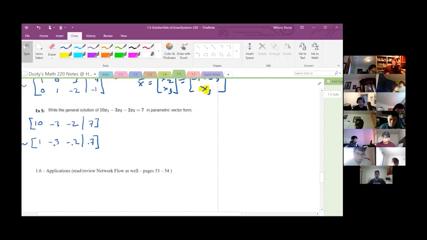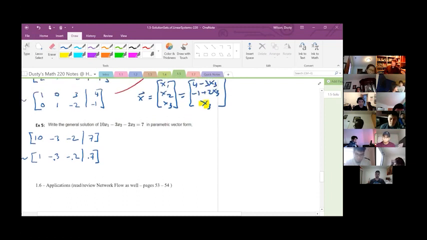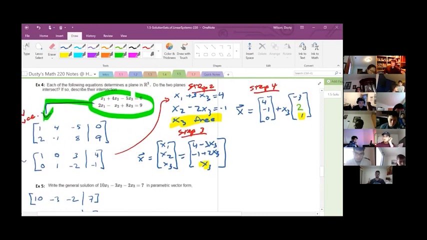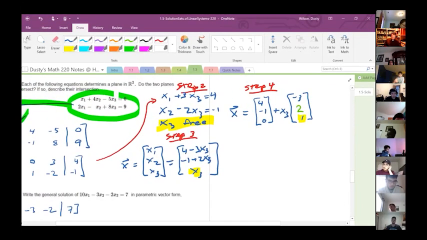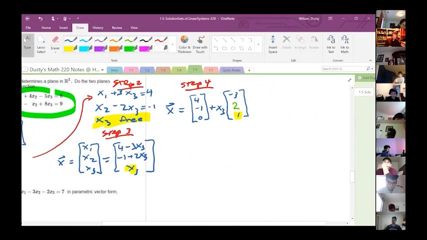And what I want to point out here is the connection between things. Actually, let me go back to this previous one and make a connection again. You might ask, what did we just do?